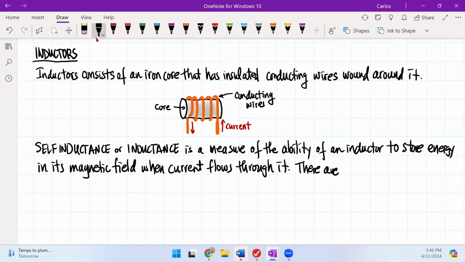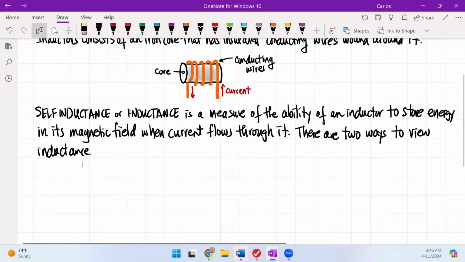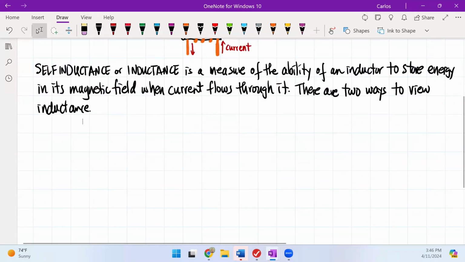There are two ways to view inductance. Recognize the similarities to the capacitance because they're both storage elements.